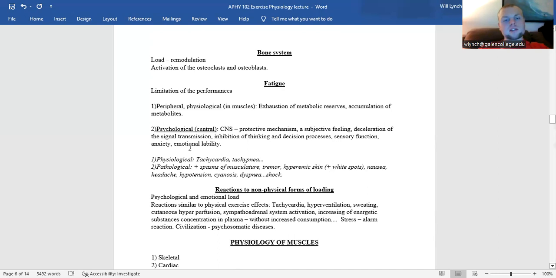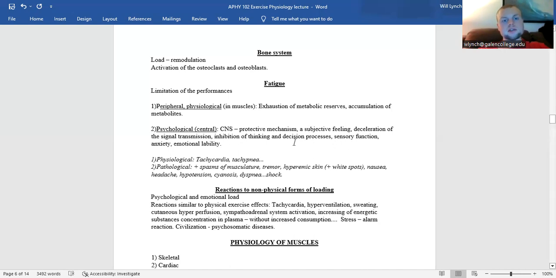We also see psychological or central nervous system components. This is going to be a protective mechanism or a subjective feeling. We also are going to have central nervous system exhaustion. All right, so there's going to be slower signal transmission. You have inhibition of thinking and decision processes and emotional ability.